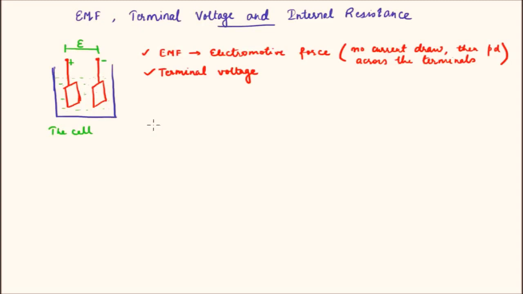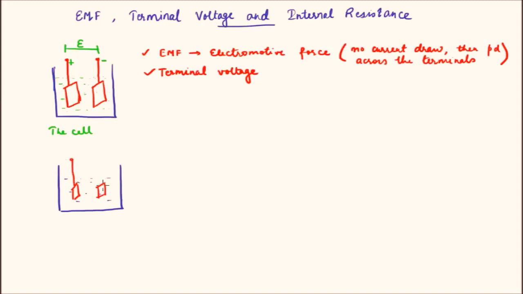Now we have seen electromotive force, we understand what it is. Then what is terminal voltage now, and how is it different from electromotive force? To understand that, let us see a closed circuit. So let's draw again the whole thing, the electrolyte, the electrodes.